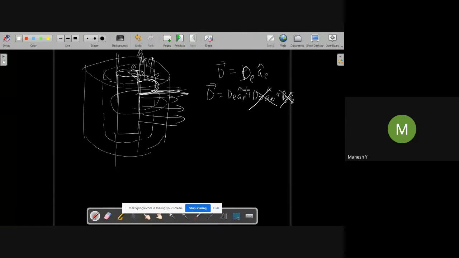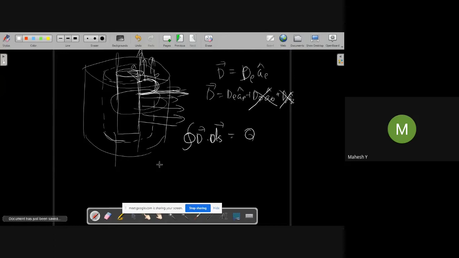That is why we have only D rho a rho cap. Now, according to Gauss's law, closed integral D dot dS is equal to Q. And we got the expression for Q that we have kept there.